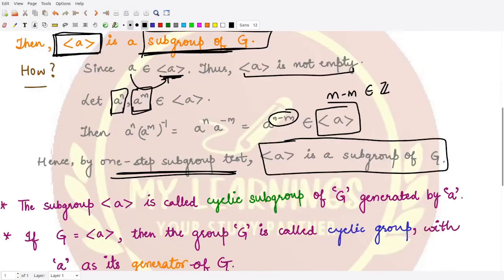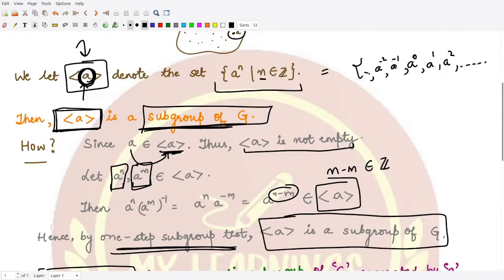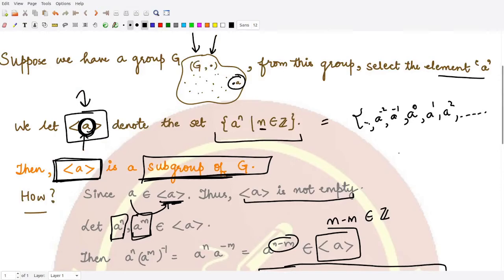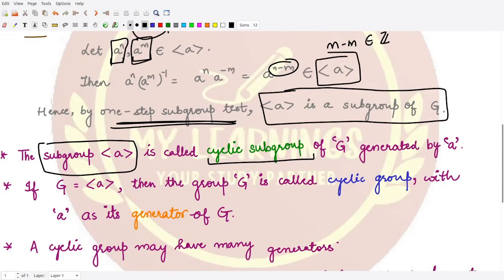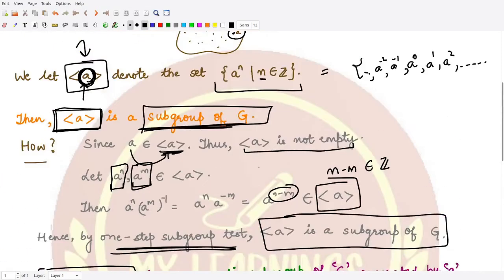So this subgroup A is known as a cyclic subgroup of G, right? You can see the cycle here. Cyclic means the things would be repeated after a certain interval, right?